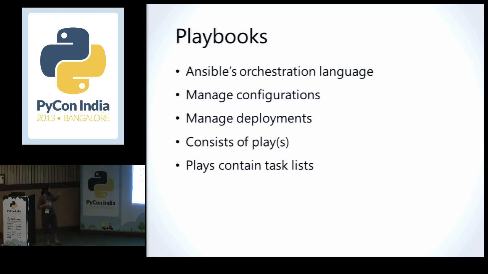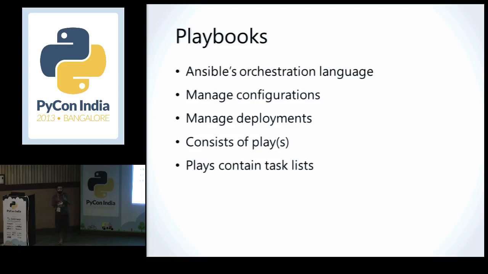So a playbook basically consists of plays, and a play is a list of tasks that you would need to run for a system. In other words, a play is what you would do to get a system to a working state. Certain tasks, like you might SSH into a system, you might do yum install a list of packages that you would want on your system.